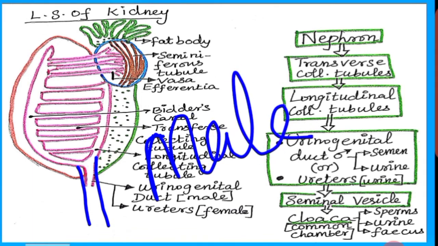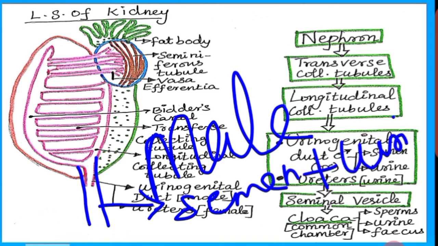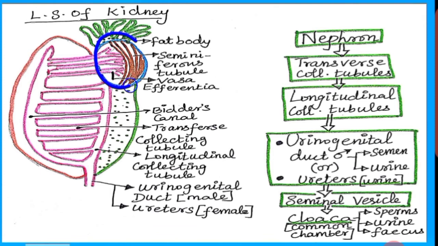Why is it a urinogenital duct? Because this duct is used to release semen as well as urine. So it is considered a urinogenital duct in the case of male frog. See, this is a testis, right? The testis releases sperm.